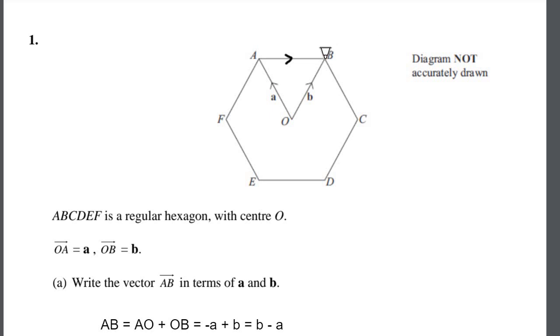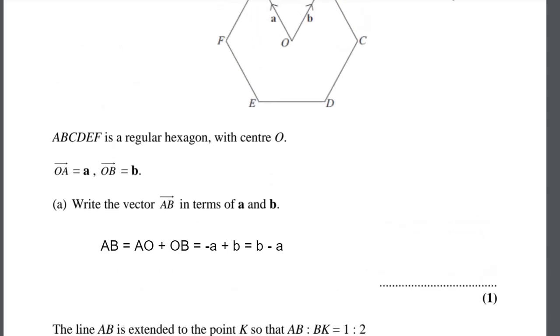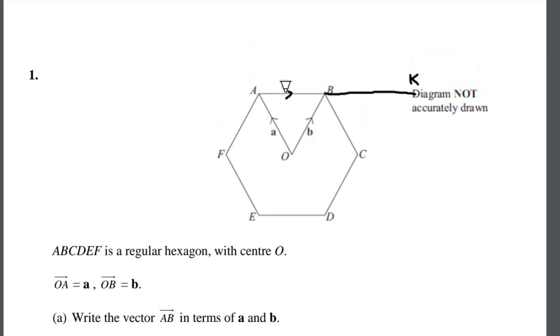So we are going to extend the line AB up to K. Now, the ratio says that AB to BK is 1 to 2. So that means if the length of AB is 1, the length of BK will be twice the length of AB, because that is the ratio given.